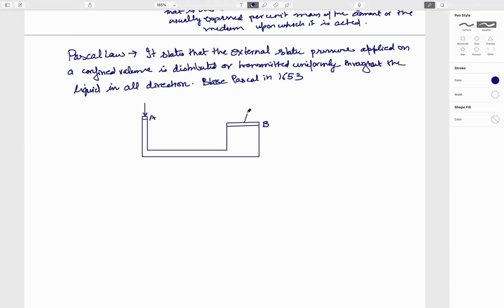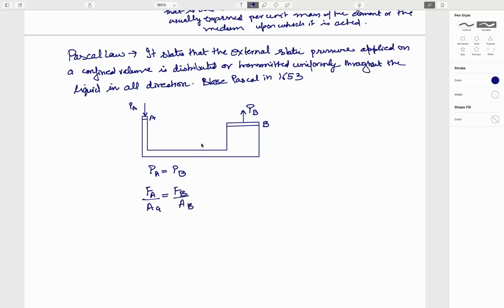If you apply pressure at side A, the pressure at side B should be equal. So PA should equal PB, such that FA by AA equals FB by AB.